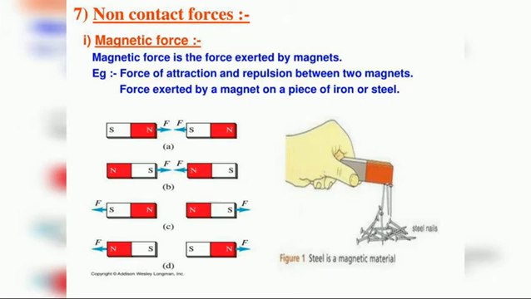The piece of paper will be attracted by the comb, isn't it? That is also one example of electrostatic force. This force comes into play even when the bodies are not in contact. So this is one more example of a non-contact force.